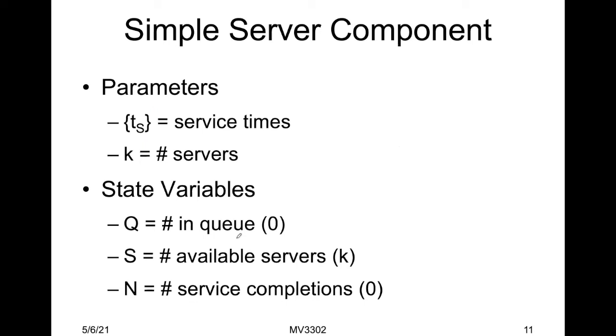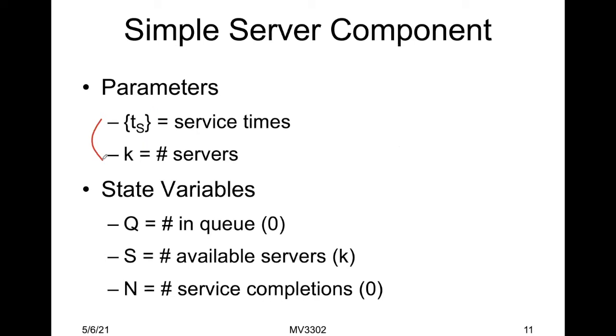Okay, just like with a full event graph model, we have the same elements: parameters, state variables, and an event graph. So our parameters now, notice we only have 2. We have the service times and the number of servers, but we don't have the inter-arrival time.